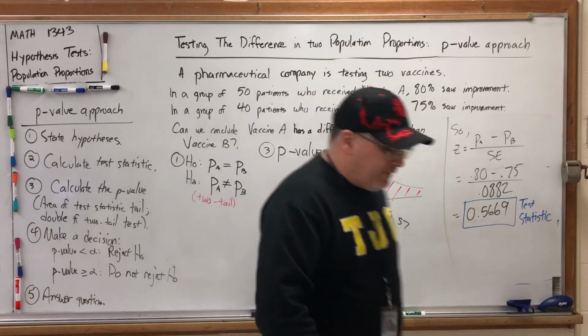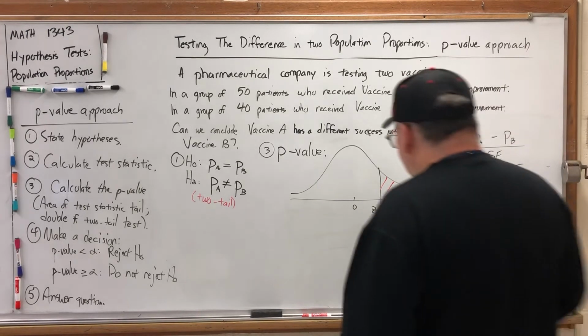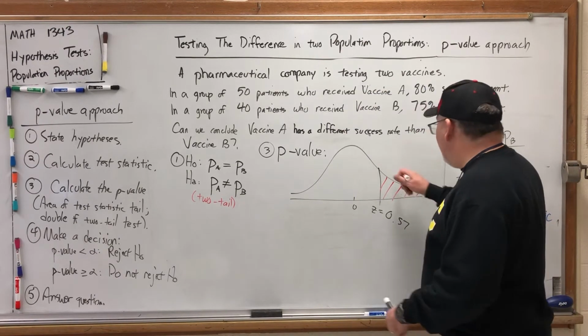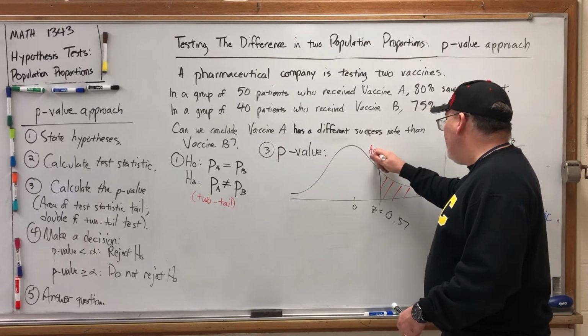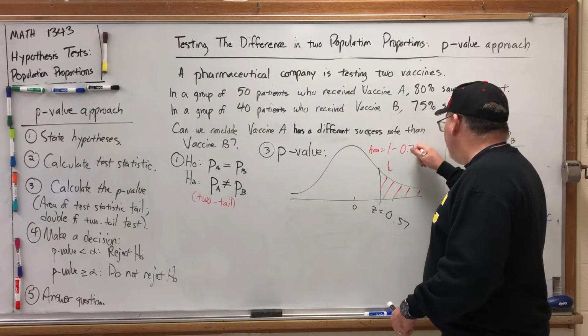So let me get to my z-chart. 0.57, go to the 0.5 row, go across to the 0.07 column, and there is an area to the left of 0.7157. But that's the left area, so the right area will be 1 minus 0.7157.